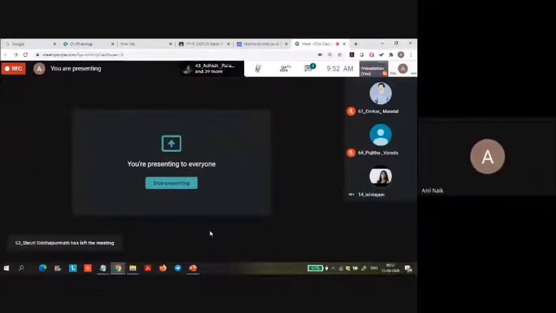When you search for any URL in your browser, suppose you repeatedly visit a particular page, for example the WIT Solapur URL. In your browser, if you just type W, it will automatically give some suggestion, right?